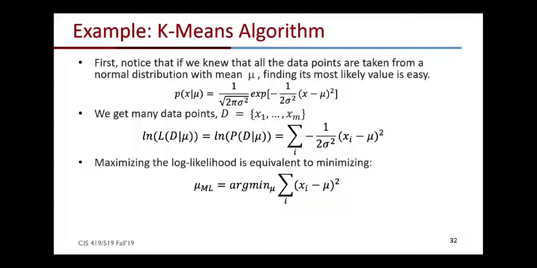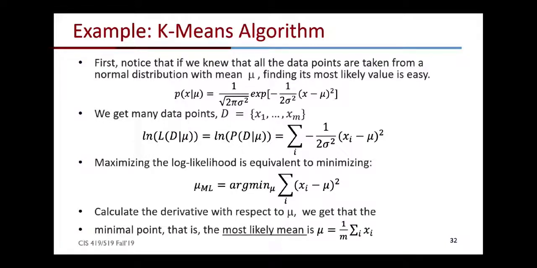The most likely mu is the argmin over mu of this sum. We can differentiate it, and it will take you a minute to figure out that this is mu, the average. So the average is correct, and the justification we can give in this class is that it's the most likely value given this distribution, which also gives you a geometric interpretation.